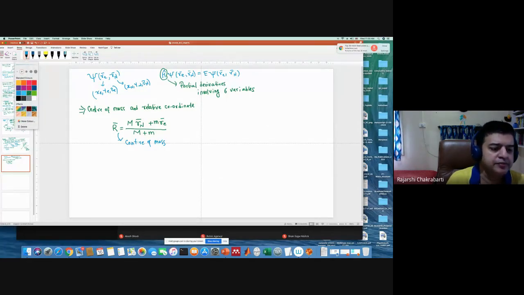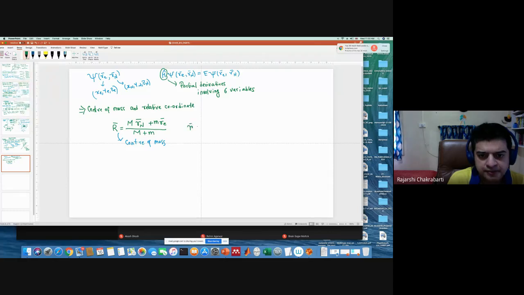Similarly, which I have already done, I have another vector which I am calling small r. This is nothing but your Re minus Rn. And this is called the relative coordinate. And now I want to write the whole thing in terms of these two.